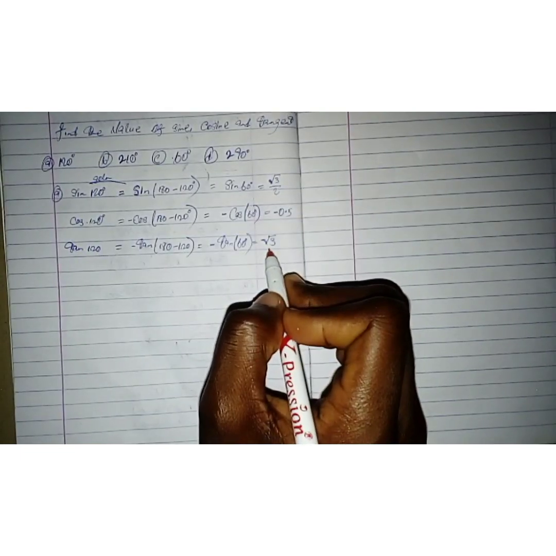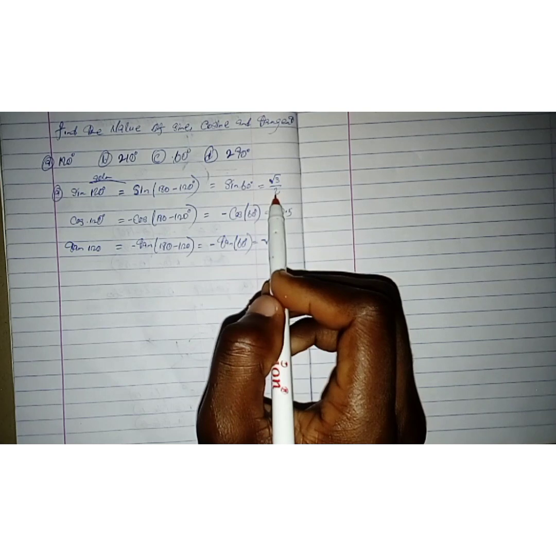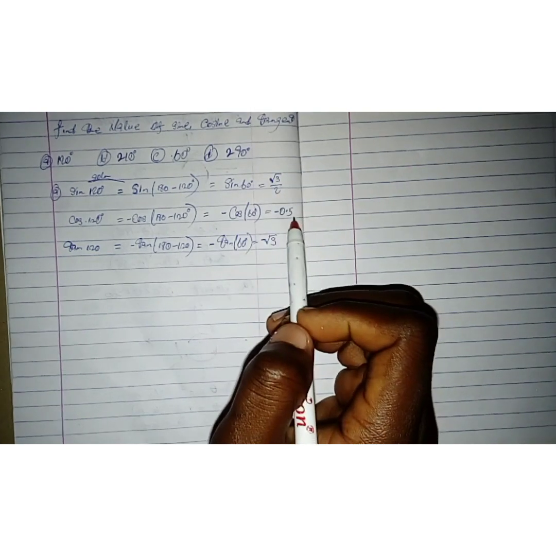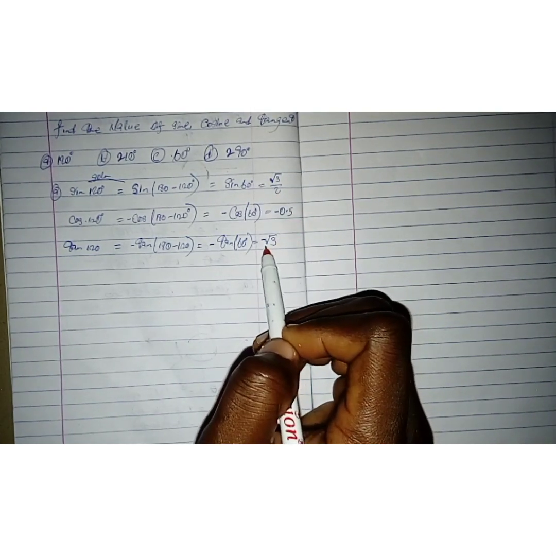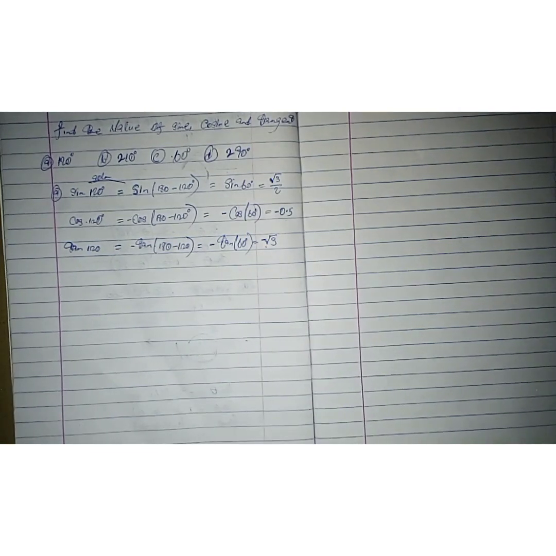So at the second quadrant, sin theta is positive, cos theta is negative, and tan theta is negative.